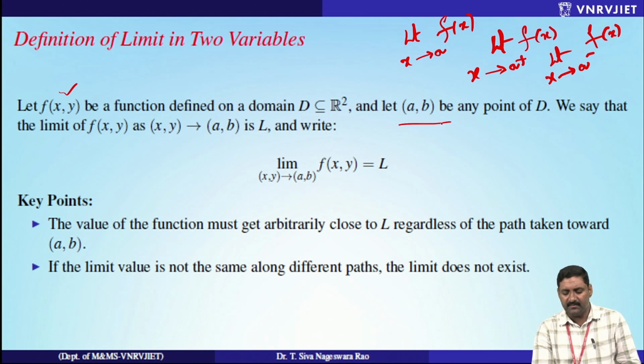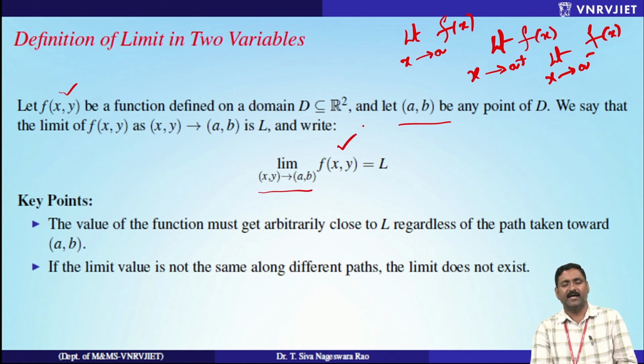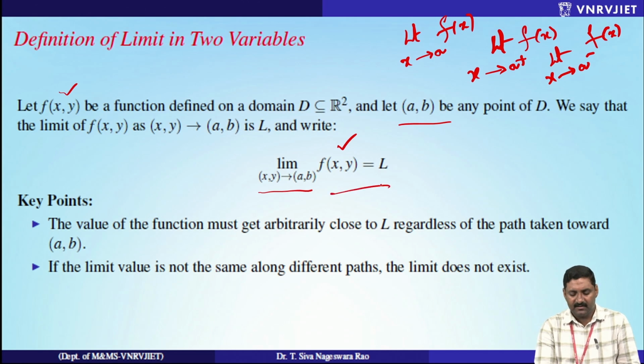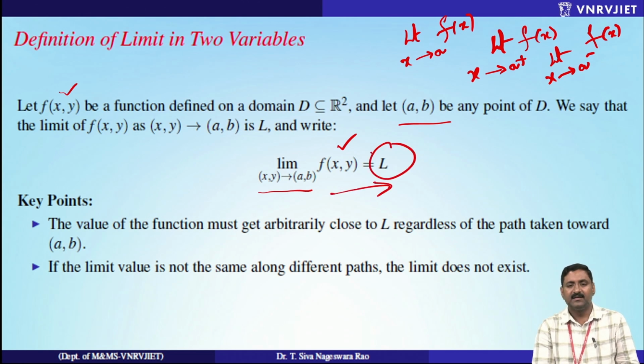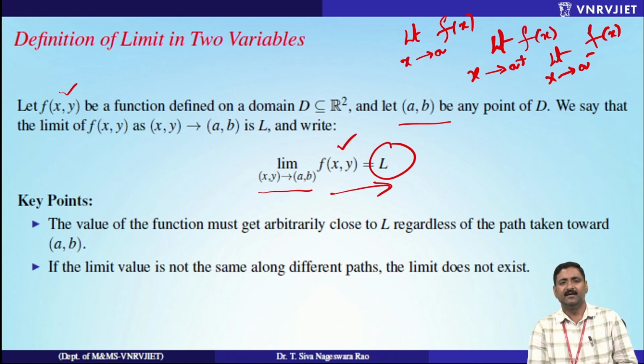Let a comma b be any point of D. Then we say the limit as x comma y tends to a comma b of f of x comma y is some finite real value L. The L should be finite. Then only we can say the limit exists. Otherwise the limit does not exist.